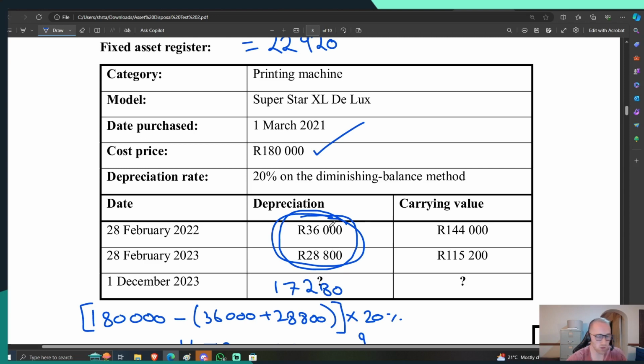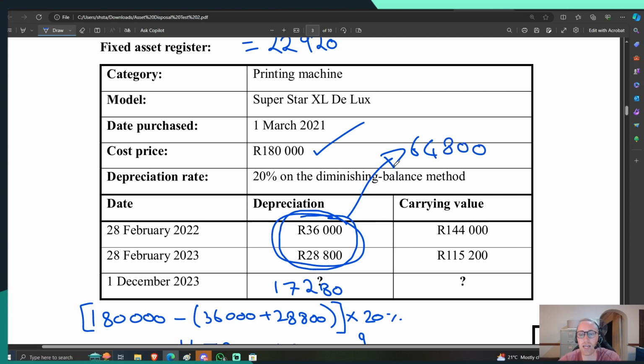If we add those two figures together, 36,000 plus 28,800, we will get an amount of 64,800. 64,800 rand is the amount of accumulated depreciation that belongs to the disposed of equipment.